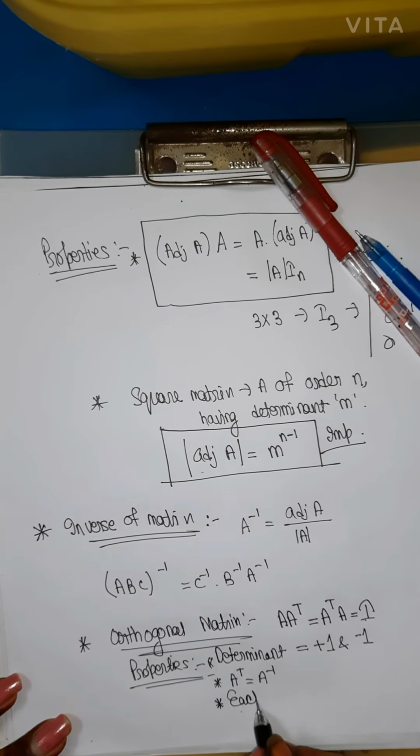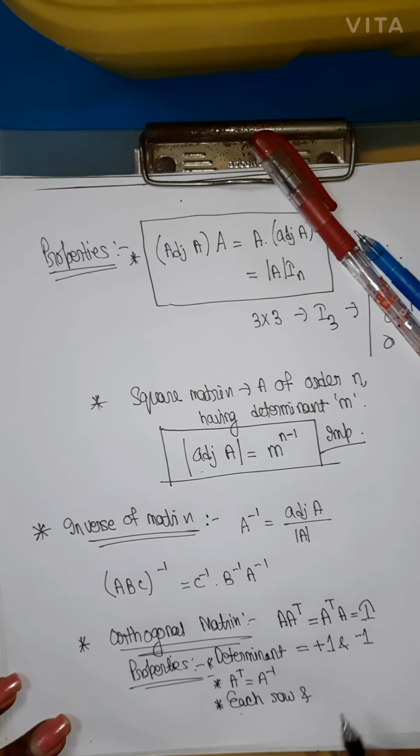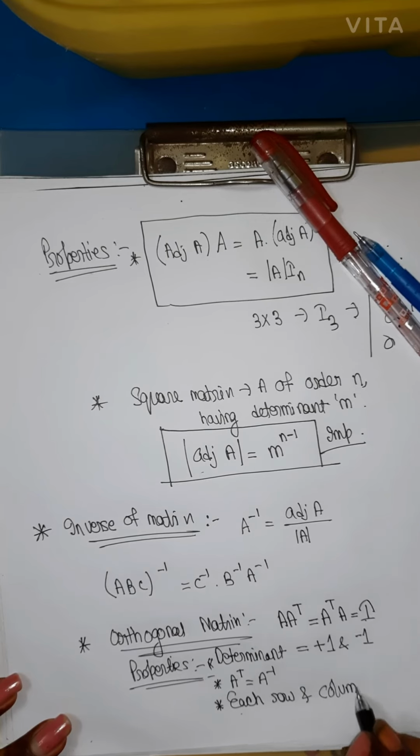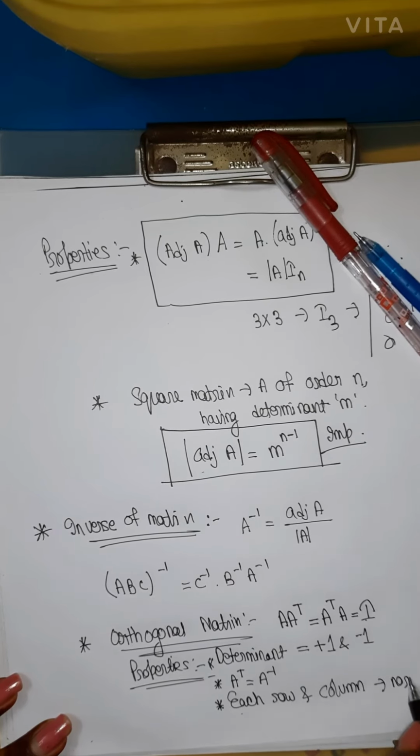Each row and column will be a normalized vector.